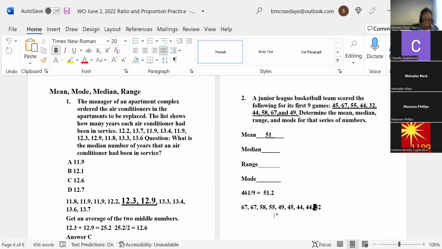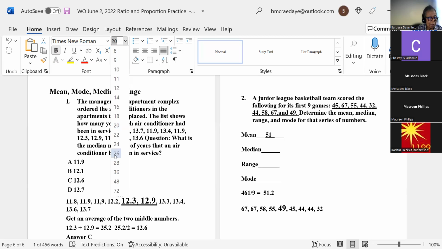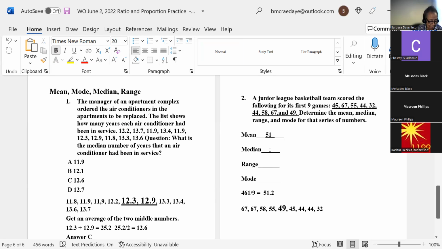Right. Very good. That's what I want you to say. With an odd number of numbers, 49 is right there in the middle. You have 4 in front of it and 4 behind it. So this 49 is sitting right there in the middle. Okay, so let's just put that there. 49 is the median.